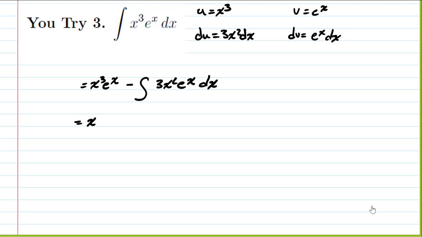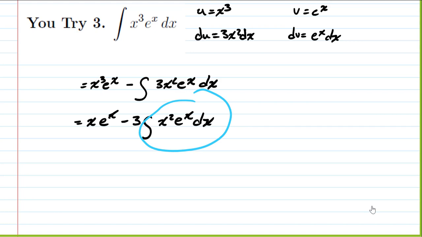Taking our constant out of our integral again, we get minus 3 times the integral of x squared e to the x dx. And fortunately for us, and hopefully you noticed, this was exactly example number 5, right?